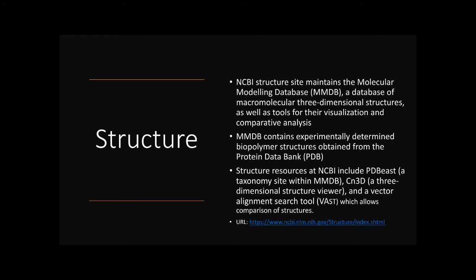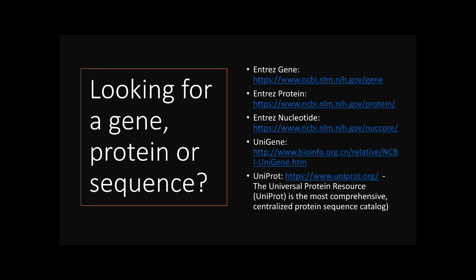The structure resources at NCBI include the PDBeast taxonomy site within MMDB, Cn3D, a three-dimensional structure viewer, and the Vector Alignment Search Tool, which allows comparison of structures. A similar database is the RCSB, which I usually use instead of the structure database linked to NCBI. But you can also look at that.